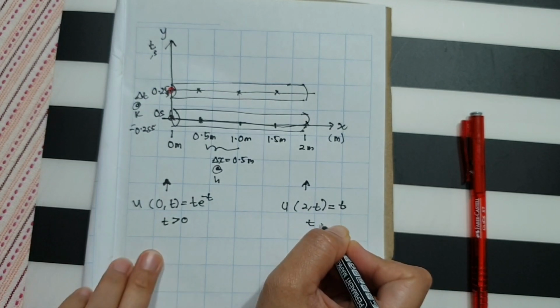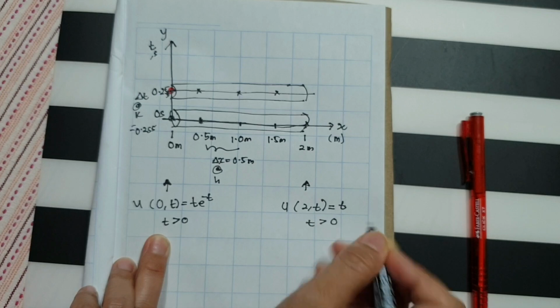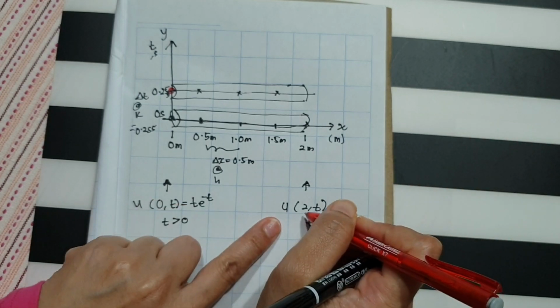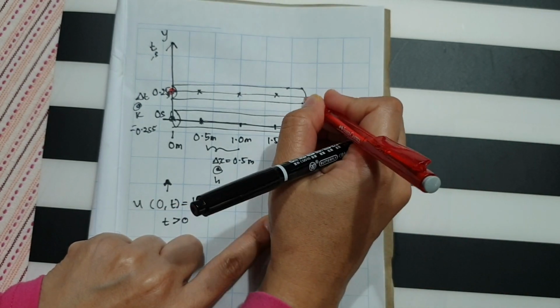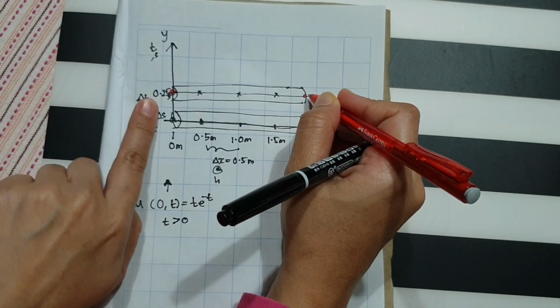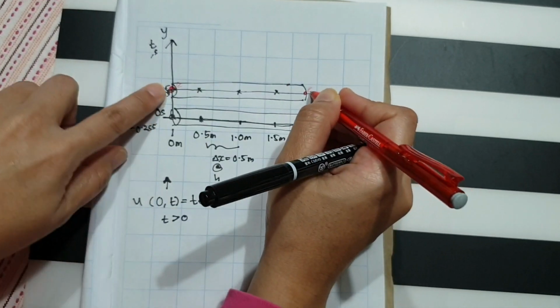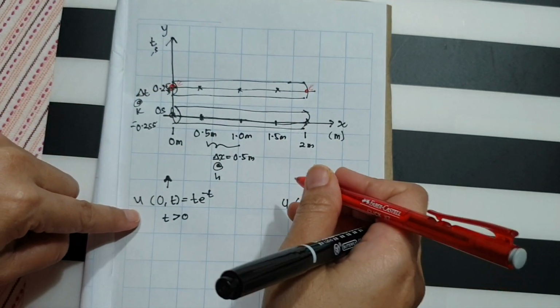The same as the first boundary, this is only applicable for t more than 0. So what you will get over here is the value at the second boundary for t at 0.25 second at this point. These two values you will get from the boundary condition.